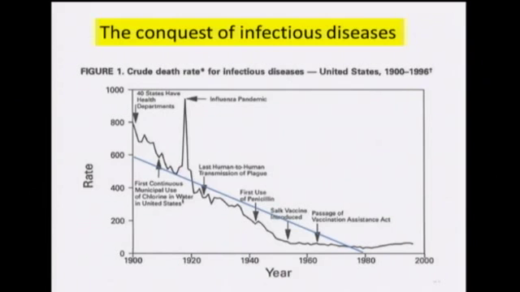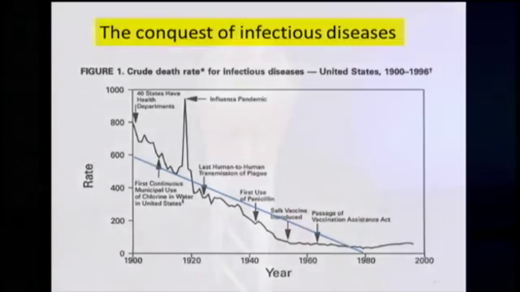Vaccines are one of them, and we live in an era where people are very suspicious about vaccines. It's very important to look back historically at the good that vaccines have contributed to general public health. There's also improved socioeconomic conditions, better sanitation, better medical care.